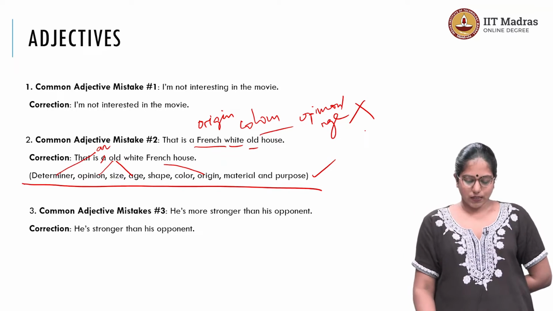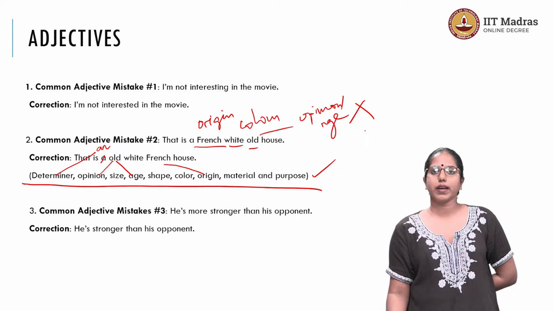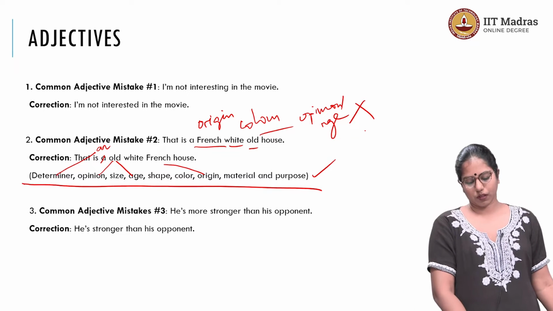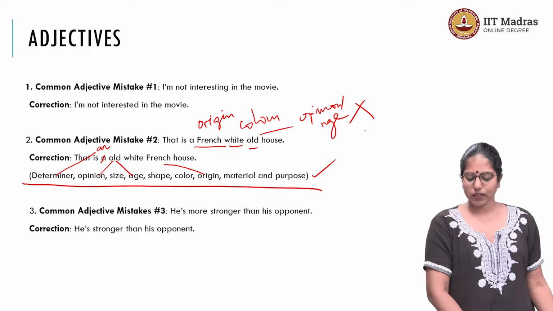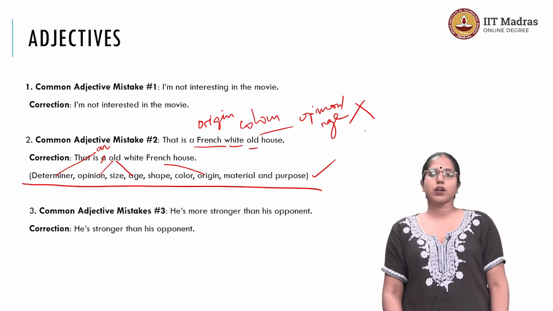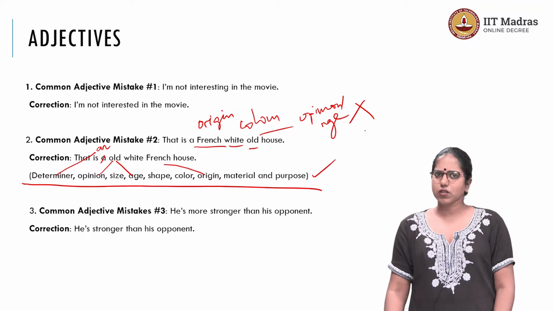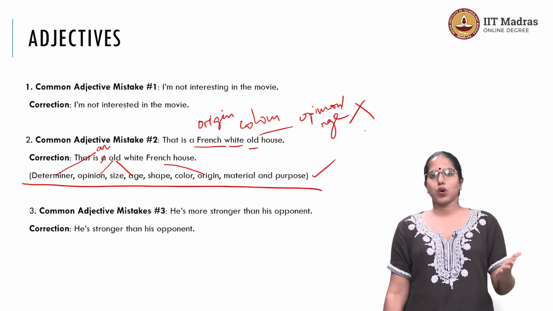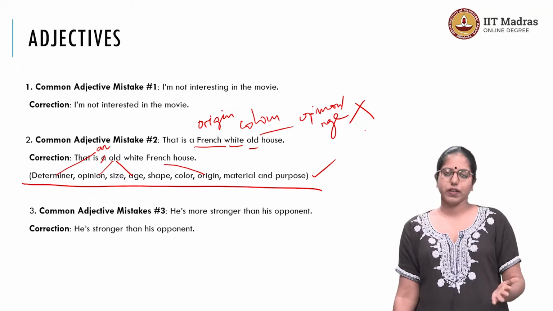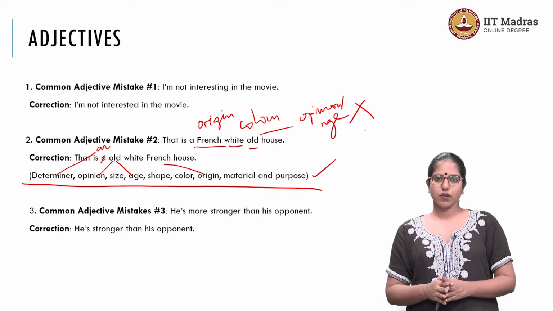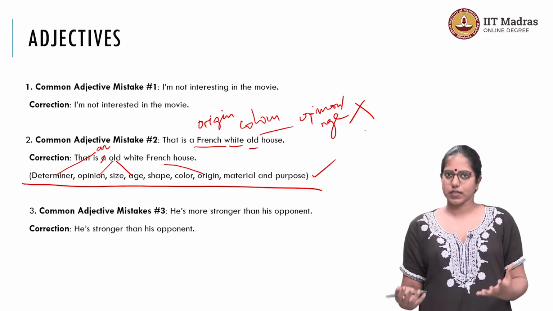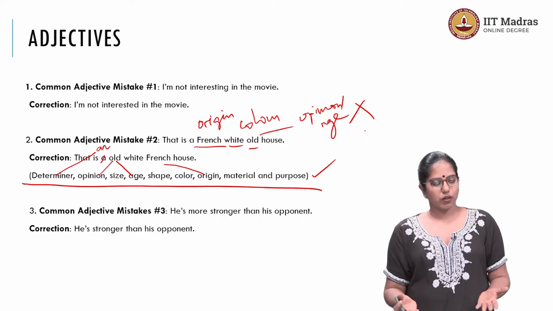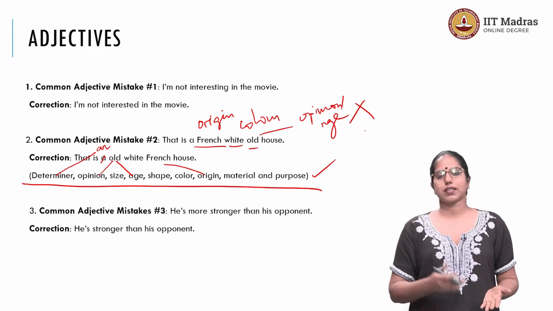The next sentence is, "He is more stronger than his opponent." What's the right usage? "He is stronger than his opponent." Why is that so? Because you don't add more or less to a comparative degree. In previous classes or modules, you would have already learnt about adjectives and its comparative degrees.